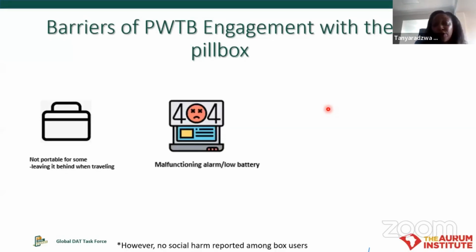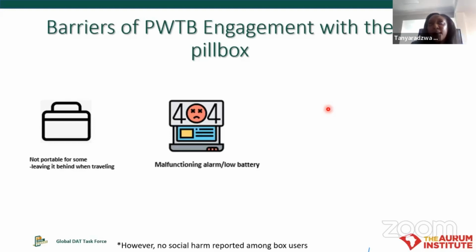There were also reports of malfunctioning alarm and low battery. So sometimes the alarm would ring at the wrong time or multiple times, which was a barrier to engagement because other participants would now withdraw from the study because of that, but these were not many. And there were also complaints of low battery.